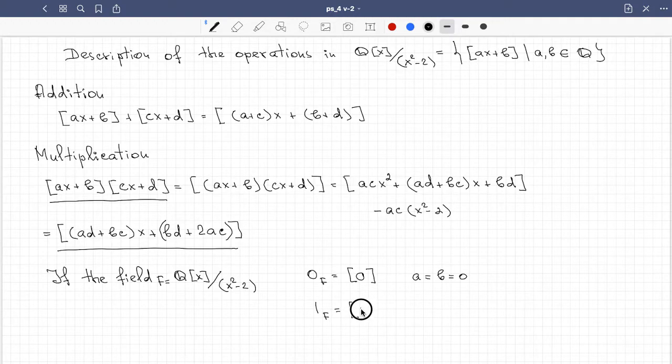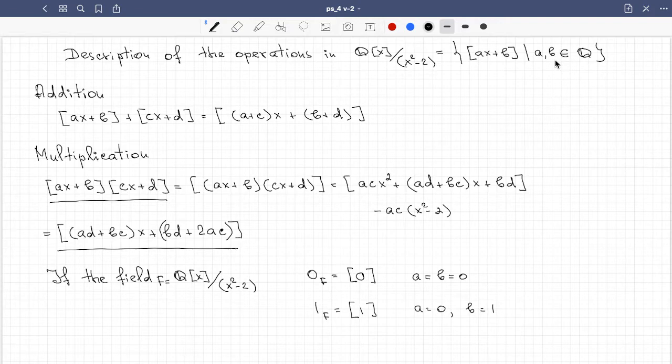This is the class of 1, of course, and you can easily check that it coincides with our operations. This is when a is 0 and b is 1. Number 1. These are two rational numbers. This is also number 0, two rational numbers.